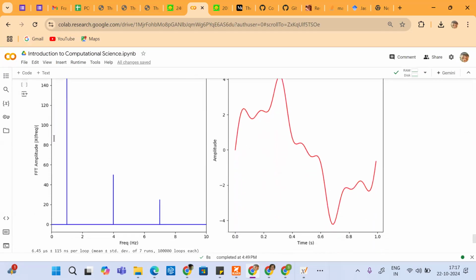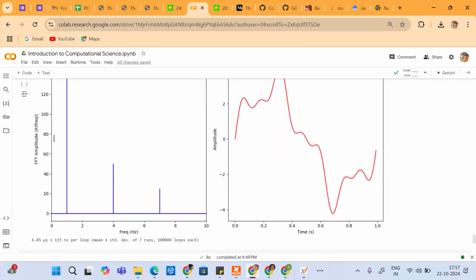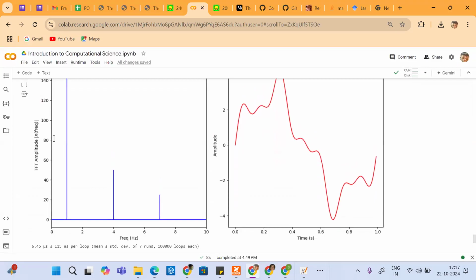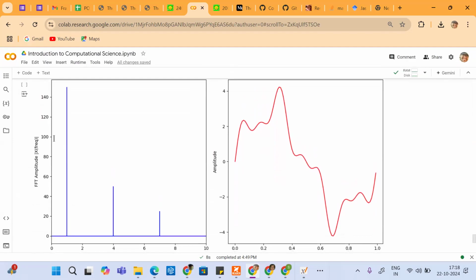You can see that you are getting almost the same structure now. FFT is showing only the required three frequencies. It is not showing the other part, which DFT was doing. So you can indeed see that this complicated signal has three peaks, three spikes. Each peak is giving you the frequency of the decomposed signal.